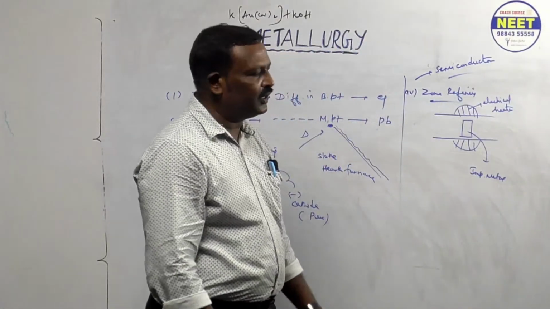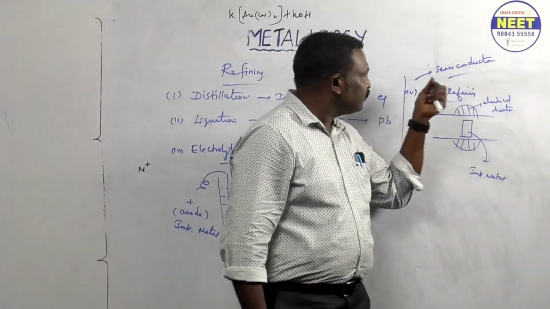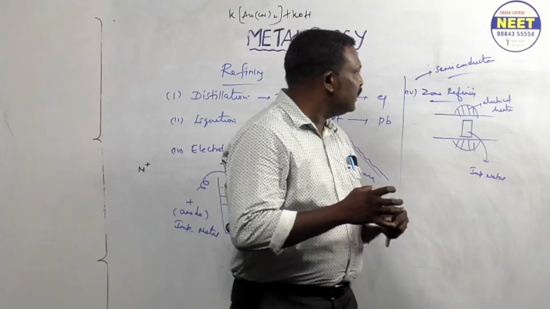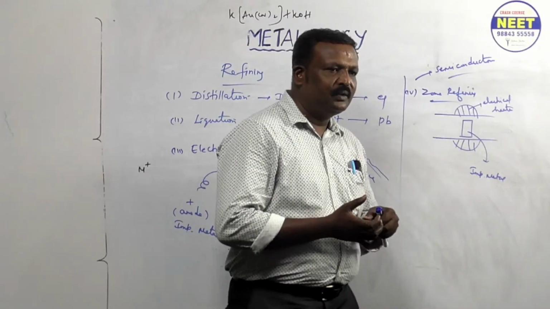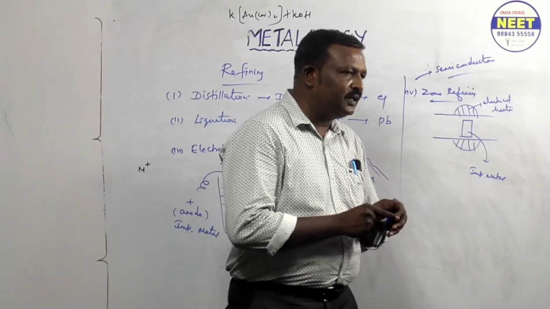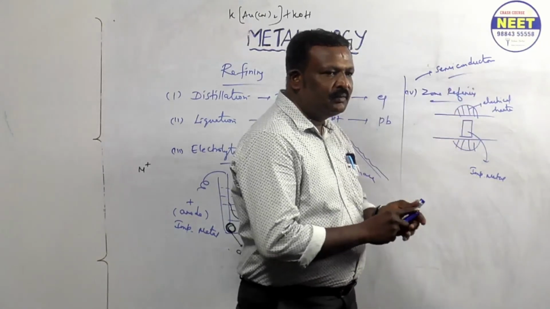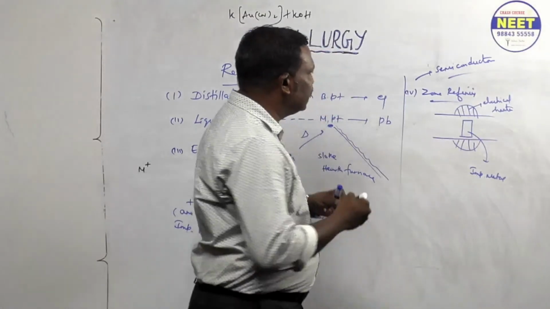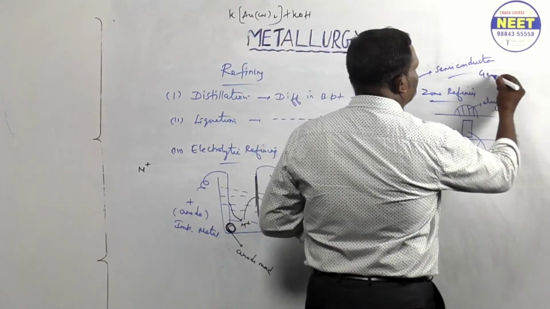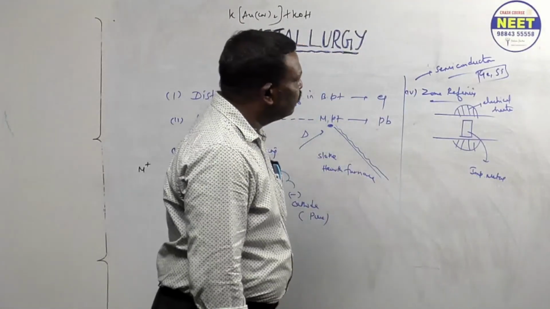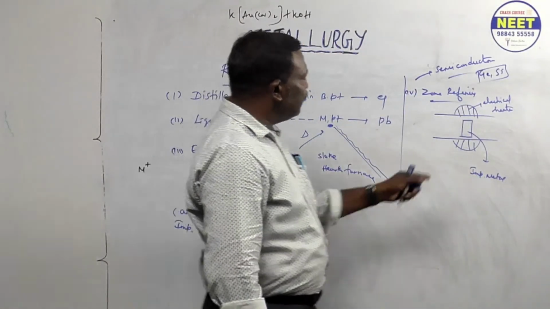Semiconductor means it should conduct partially. The substance must be highly pure, then only it can conduct electricity properly. So silicon, germanium and so on can be refined by this method. It will not happen within one step.